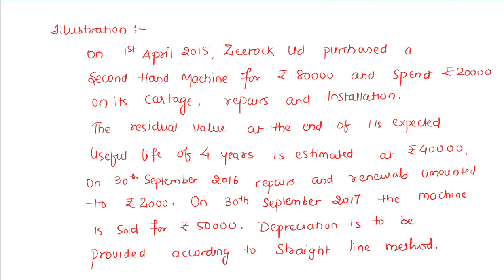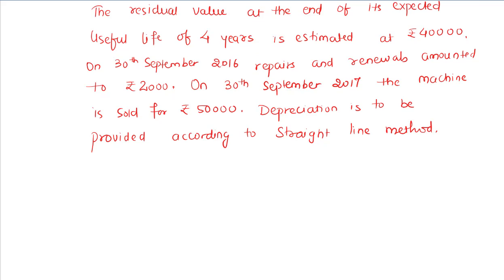On 30th September 2016, repairs and renewals amounted to 2000. On 30th September 2017, the machine is sold for 50,000 and depreciation is to be provided according to straight line method. What is required in this question?